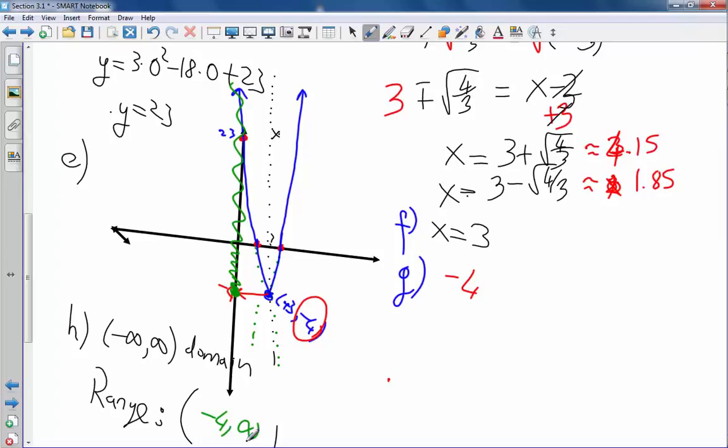All you need to do is type all these into the Connect Math. Okay? Have a bracket here because it's included. Always the maximum or minimum is included. Any questions?